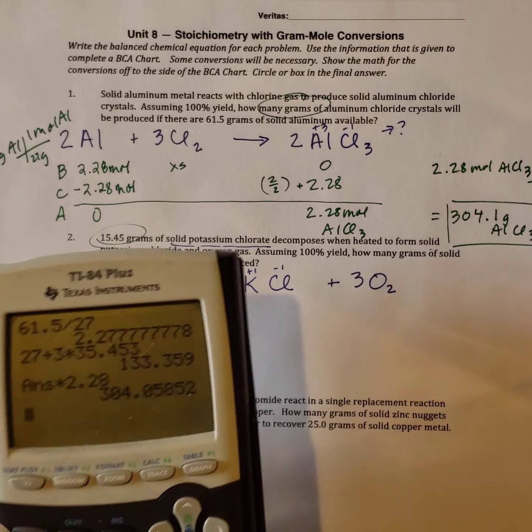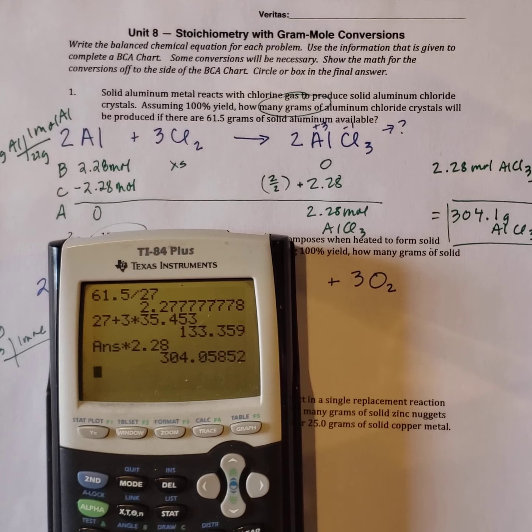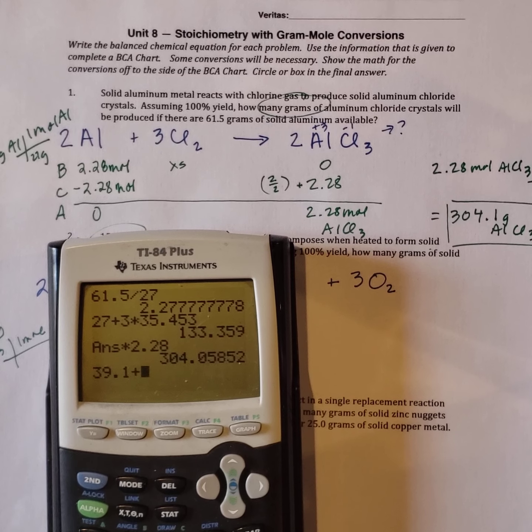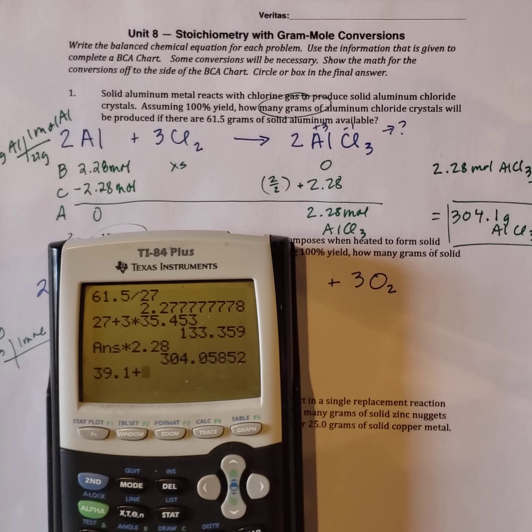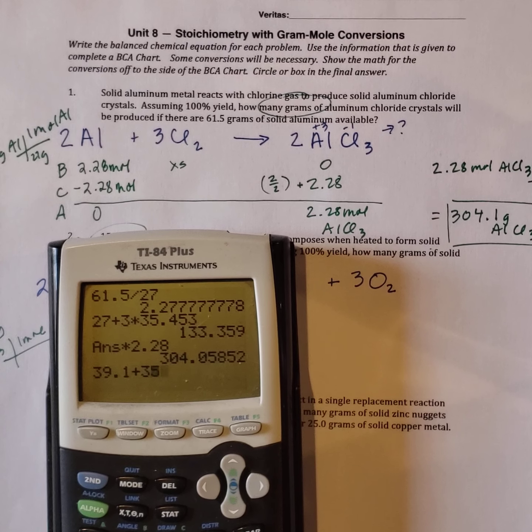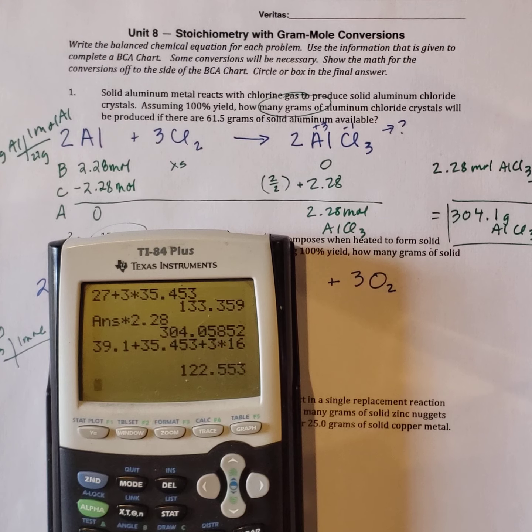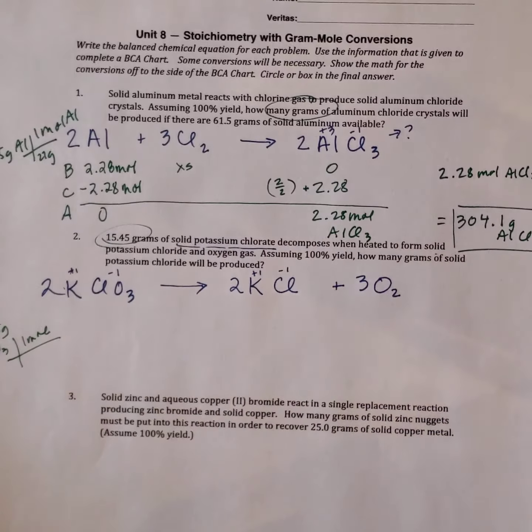So potassium is 39.1 plus chlorine is 35.453 plus 3 oxygen. Oxygen is 16. So altogether I should have 122.55 grams.